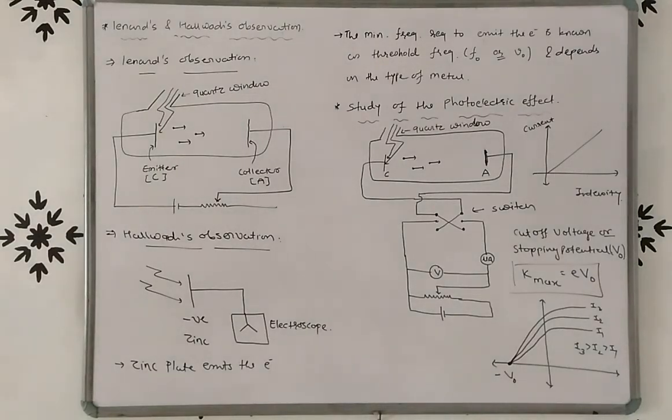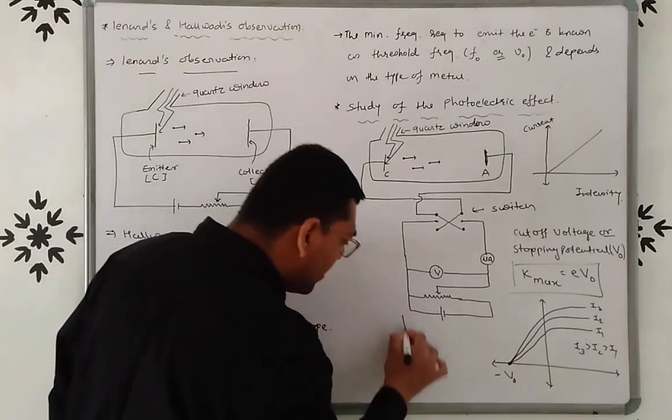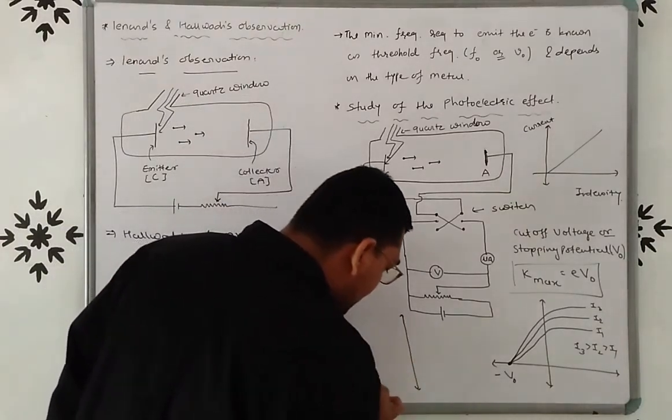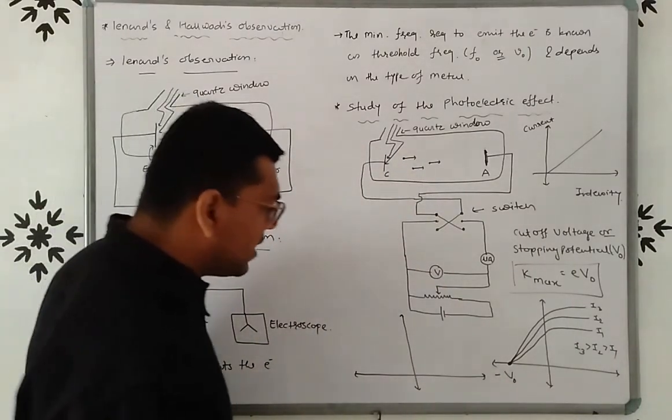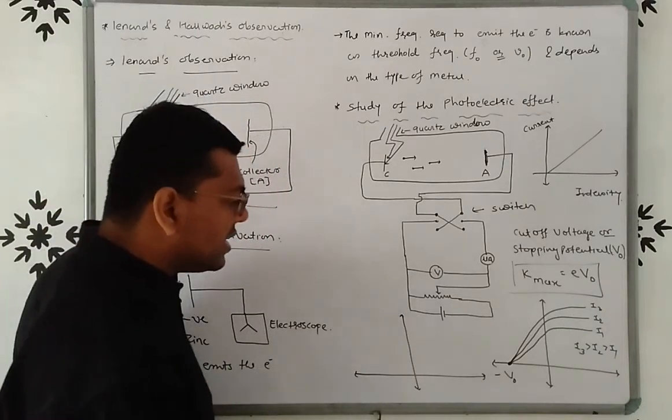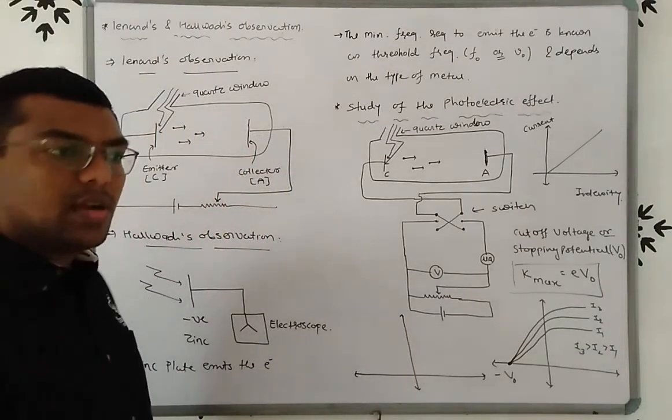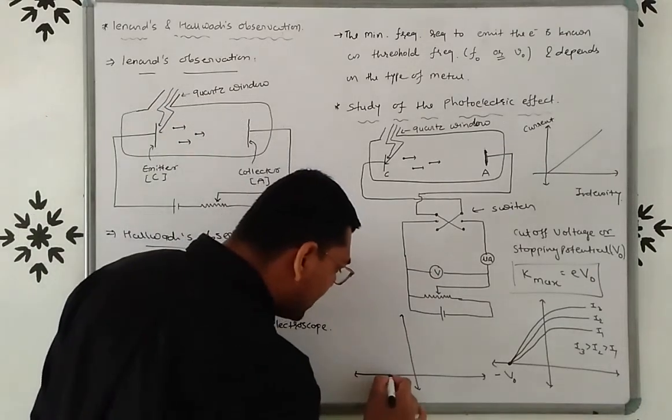Now friends, what happens if we change the frequency? If we change the frequency of the rays, then the stopping potential also changes. If we change the frequency of the radiation, first frequency is nu1, second one nu2, third one nu3, the graph will be like this.